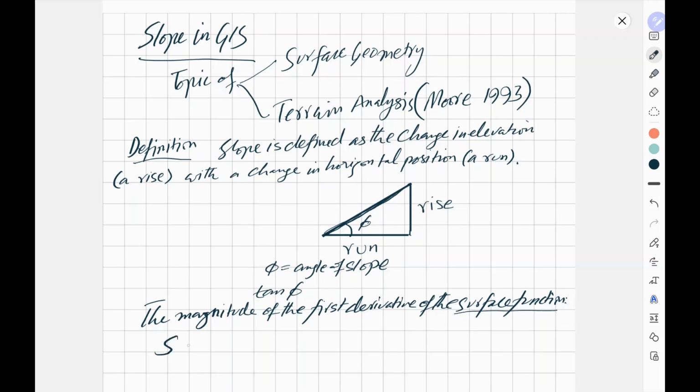So it can be written as s is equal to the square root of, let's say you represent the function of a surface by f.